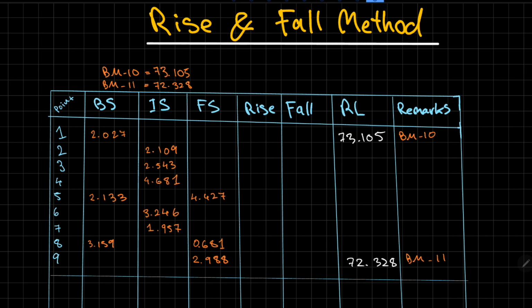Now we can calculate this. 2.027 minus 2.109 is equal to negative 0.082. We don't need to put the negative sign because we know it's a fall. 2.109 minus 2.543 is equal to minus 0.434.